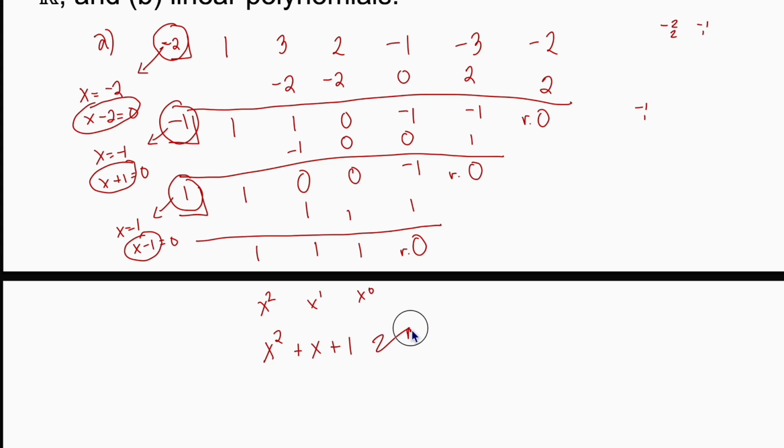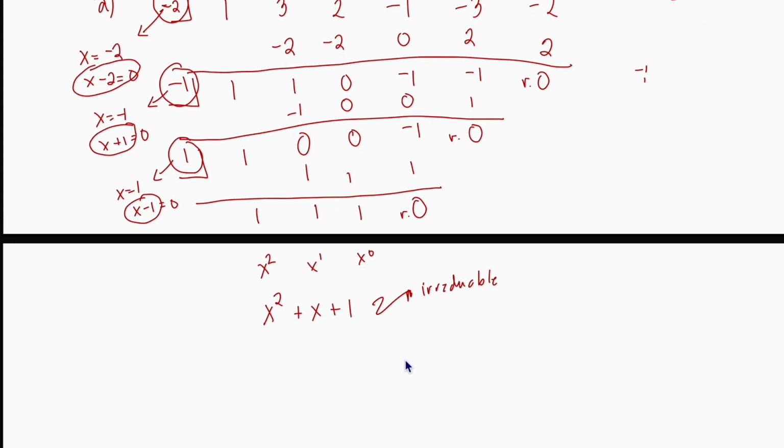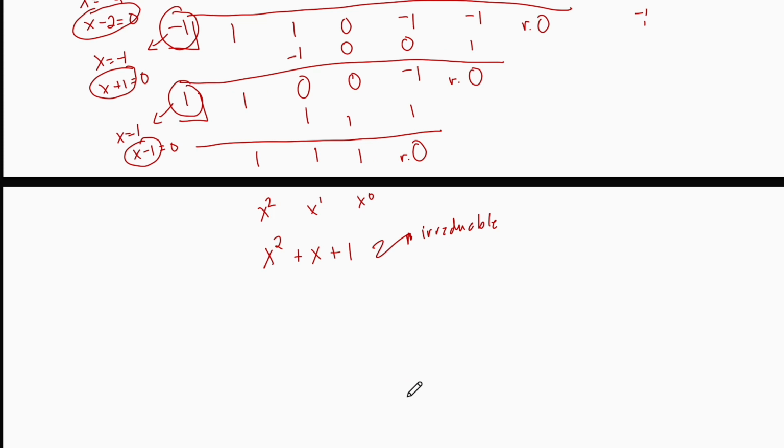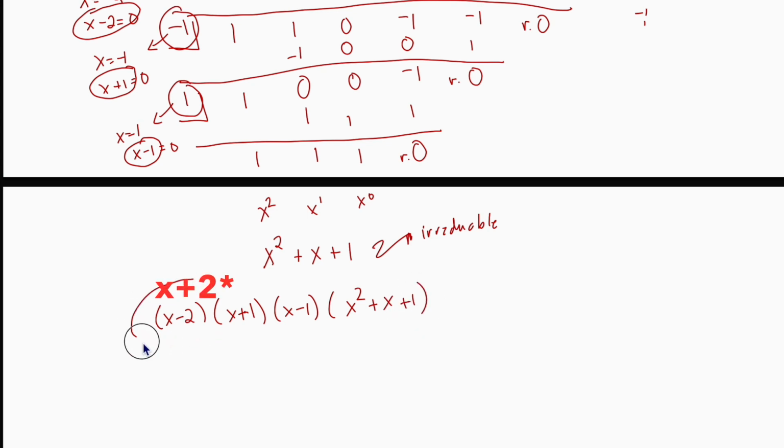Observe that this is now irreducible. Ibig sabihin, wala na siyang factors. Okay? So, ano-ano yung mga factors na hinahanap sa A? We have x minus 2 times x plus 1 times x minus 1 times x squared plus x plus 1.